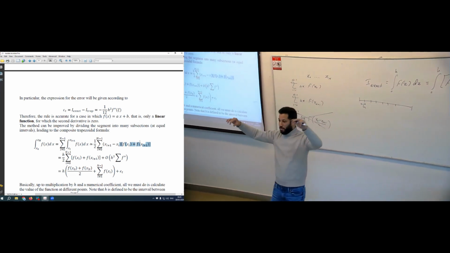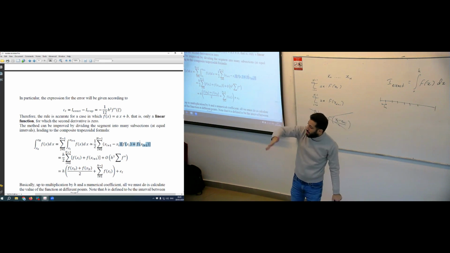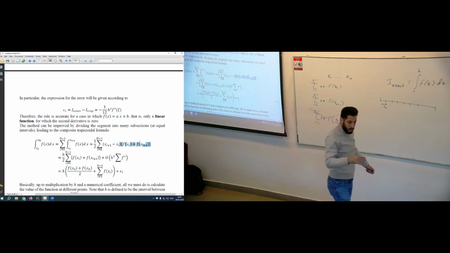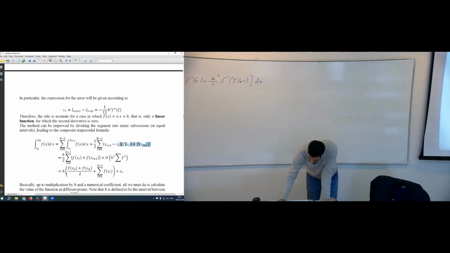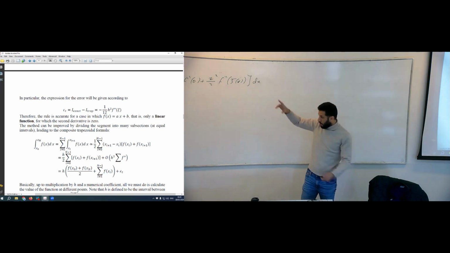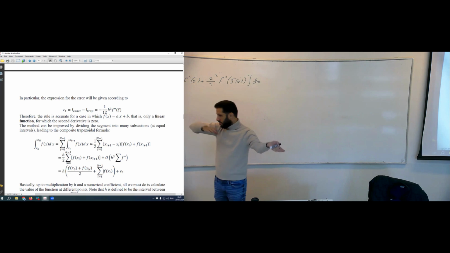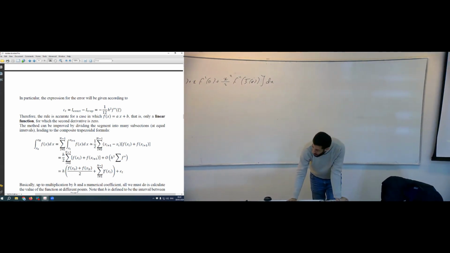So every intermediate point, not the end points, will be included with the left trapezoid and with the right trapezoid, so it will be calculated twice. Therefore, the answer is the end points, the sum of them divided by 2, and then the sum of the other points, because these other points are calculated twice, once from the left and once from the right.